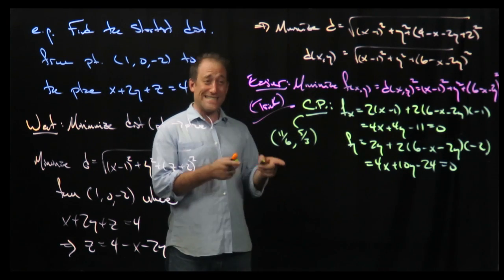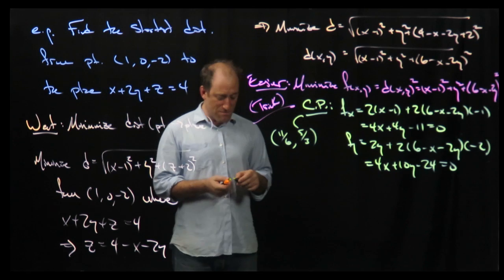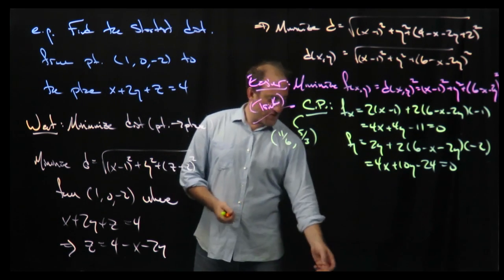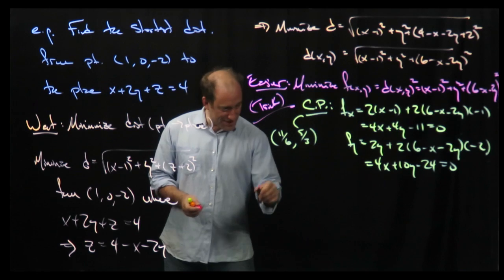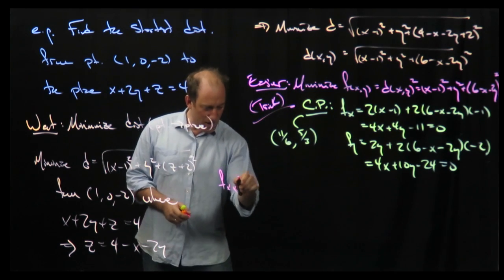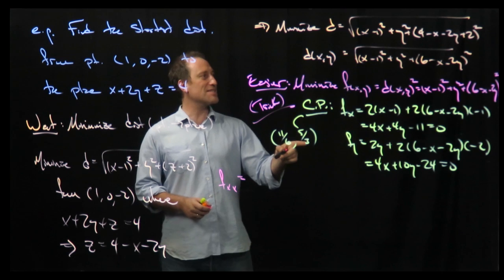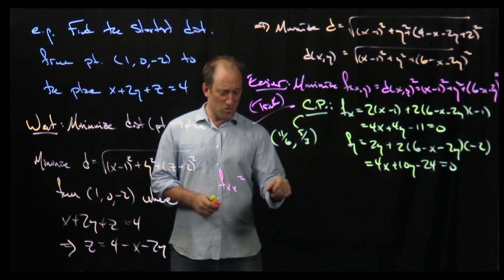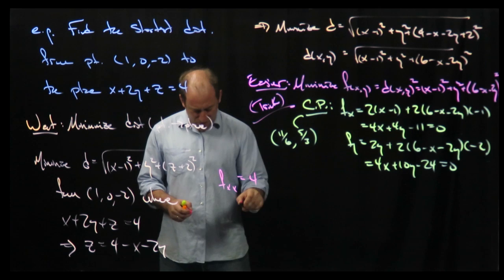So I now need to see, do I get a minimum? Let's see, fxx, fyy, and fxy. So fxx, I can differentiate this with respect to x again, gets me a 4.